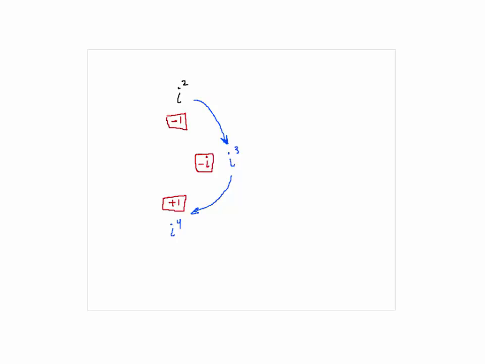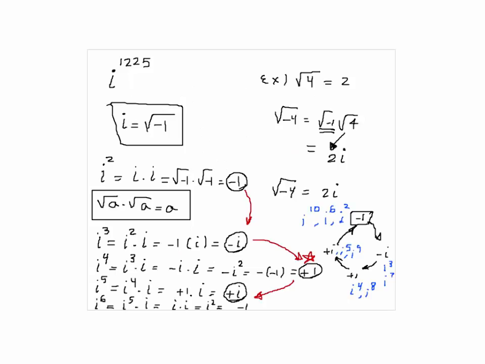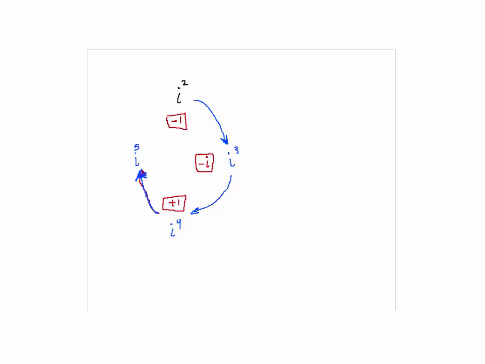And the next one after that would be i to the power of 5. Remember, we established that i to the power of 5 is equal to plus i.